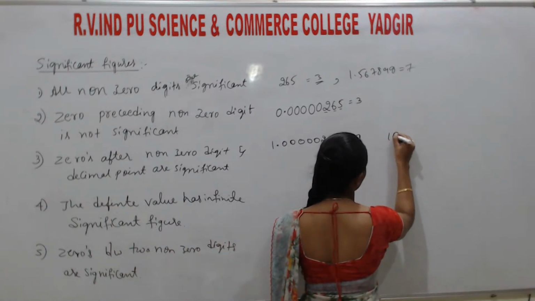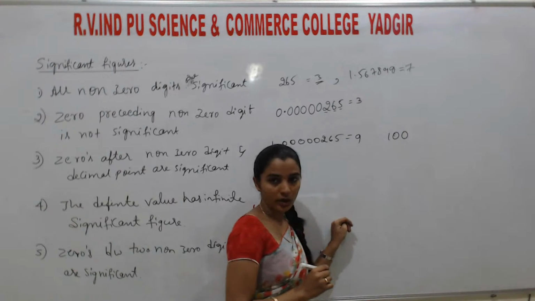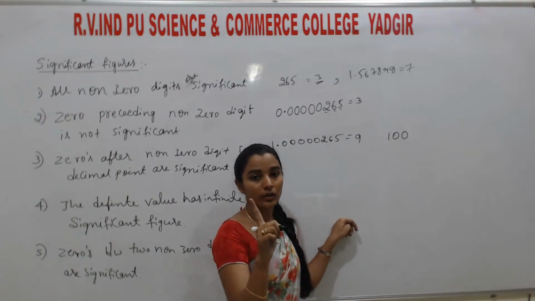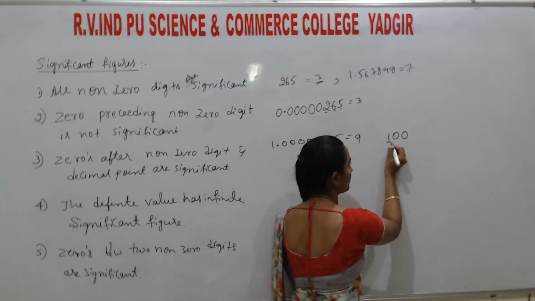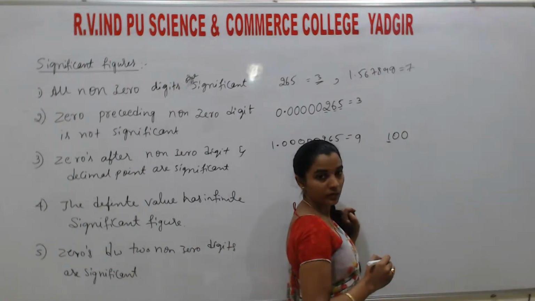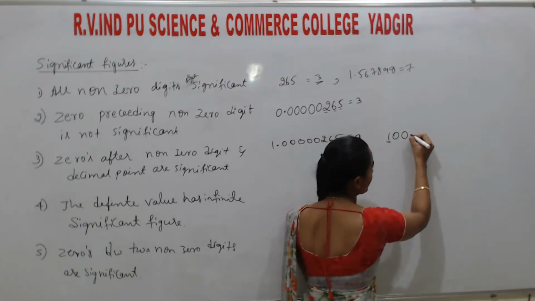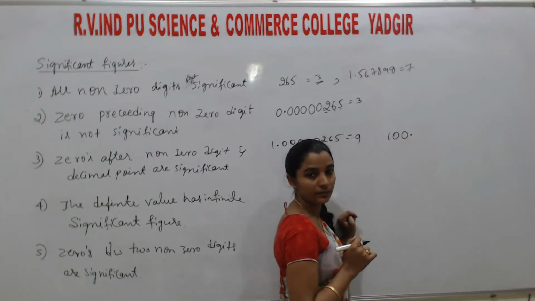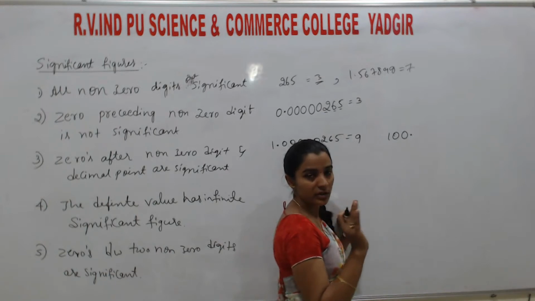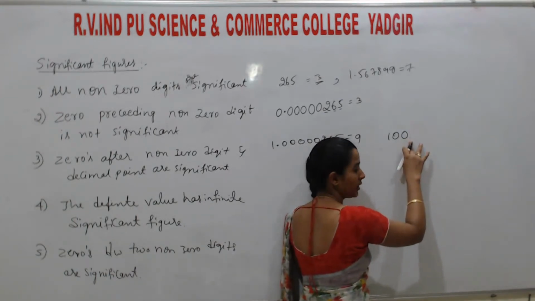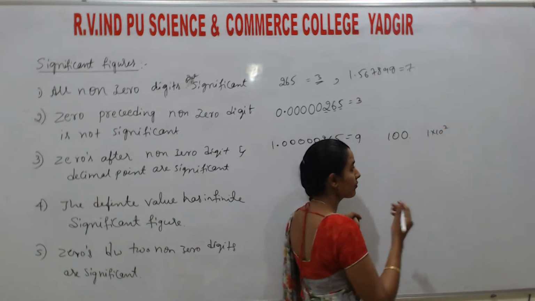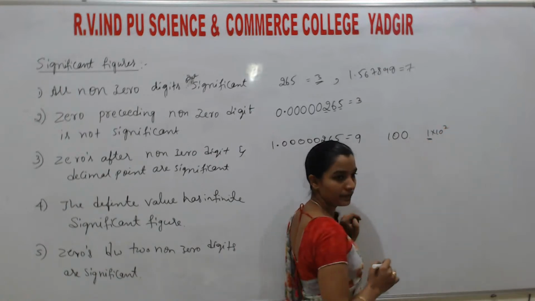If 100 is there, okay, in 100, the significant figure is only 1. This one. Okay, if you put a point here, then the significant figures are 3. Are you getting? If there is no point, this can be written as 1 into 10 raised to 2. So of course the significant figure is 1.